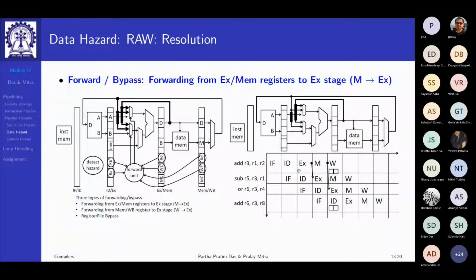If we provide a shortcut path from the ALU output to wherever we want to use R3 as an argument for the subtract, which is the forwarding or bypassing, then we will be able to minimize the stalls that are necessary. Otherwise, we would have required to wait till the write back has happened. So here it is possible that we can actually do this earlier.